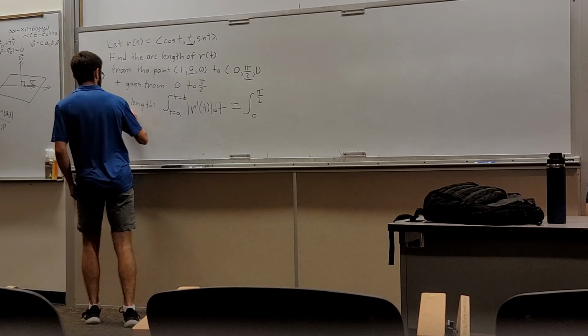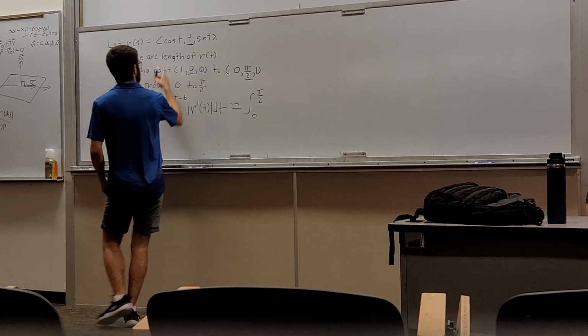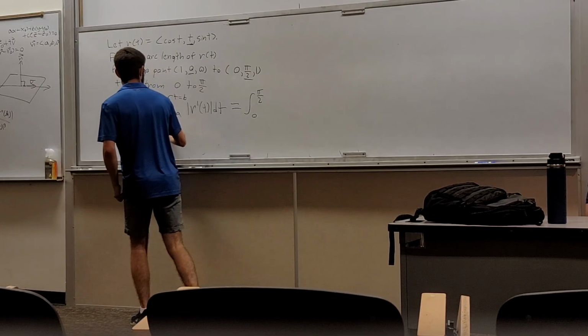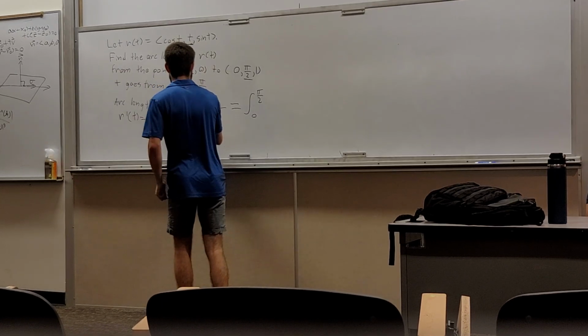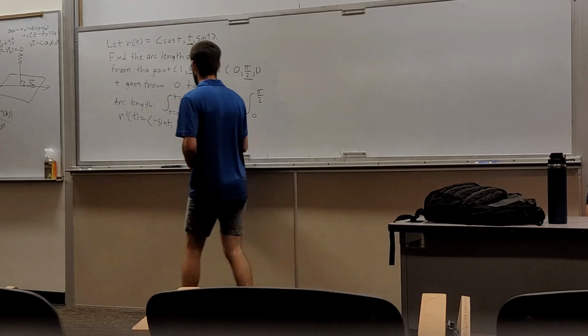So r prime of t: the derivative of cosine is minus sine, the derivative of t is 1, and the derivative of sine is cosine.